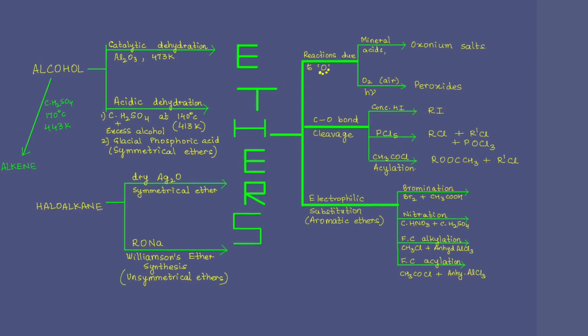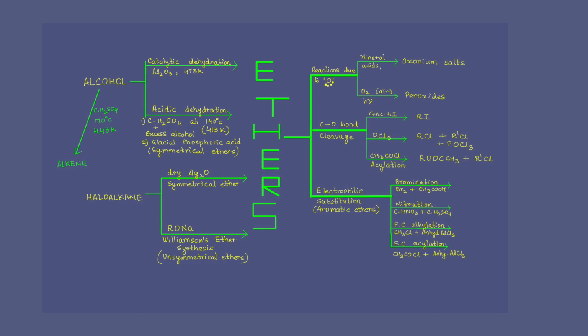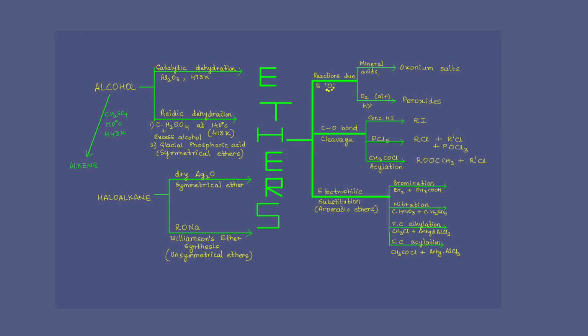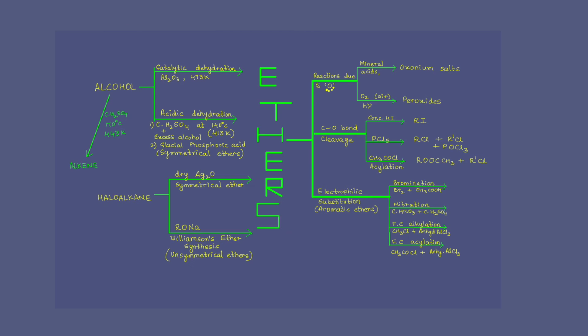So when you would have drawn your flowchart, you would have something like this in front of you. Now when you'll have something like this in front of you, I am sure we will find it pretty easy to write the preparation of ethers.